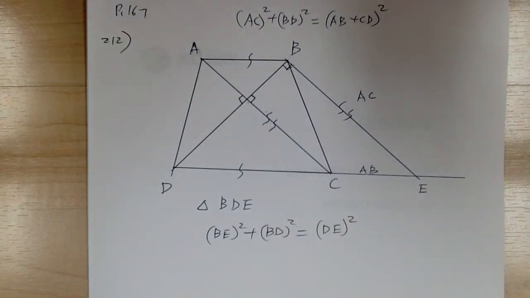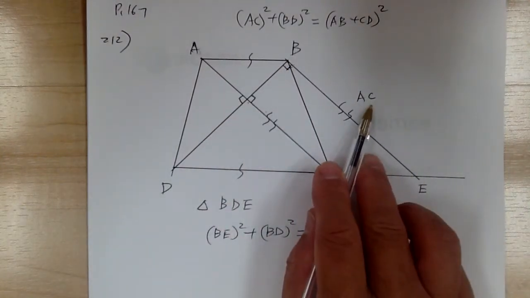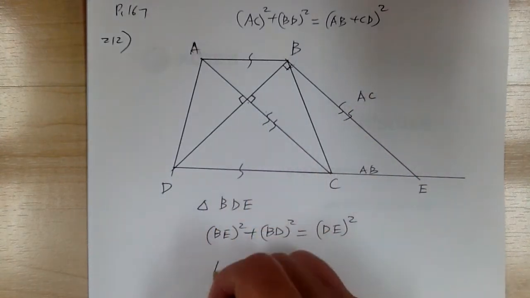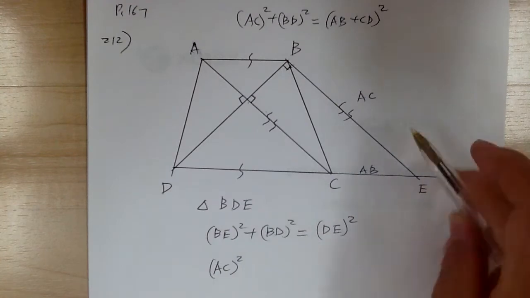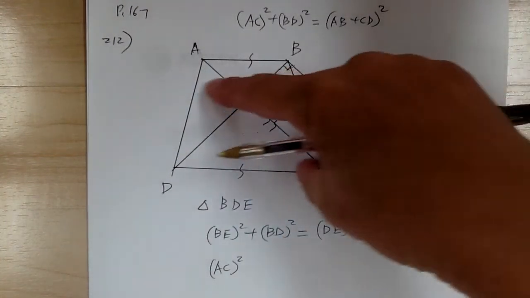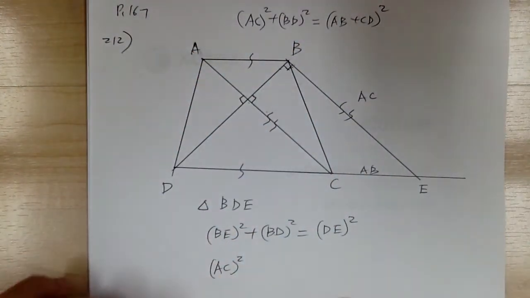Okay. And then after that, we can go and substitute. If you look at it, BE is also equal to AC because we just slide it over. So we can switch this to AC from here, right? Again, BE is equal to AC because this is the parallelogram from this side. So we just slide this over. So BE equal to AC.